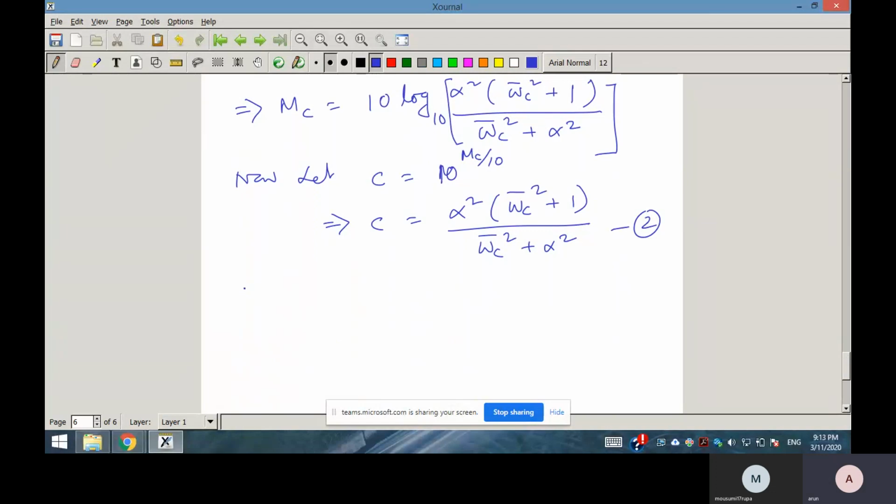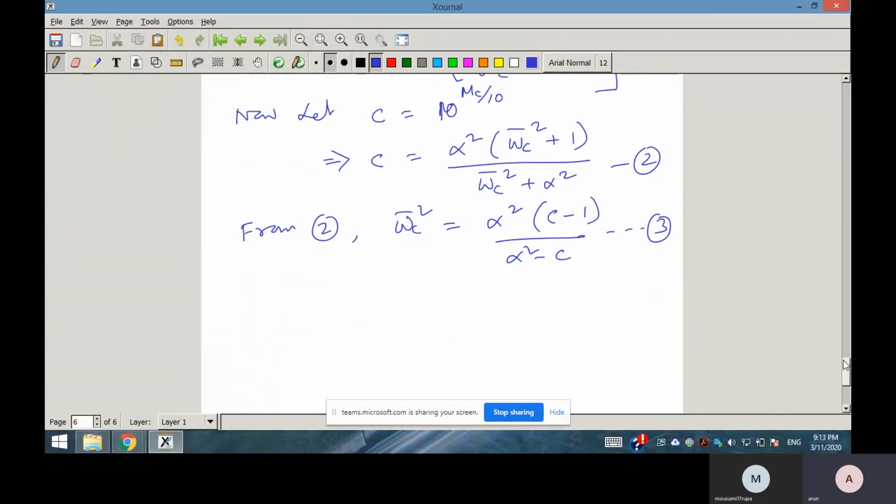And then from 2, you can compute omega c bar square. If you check it, this will be alpha square into c minus 1 divided by alpha square minus c. So this is equation number 3.